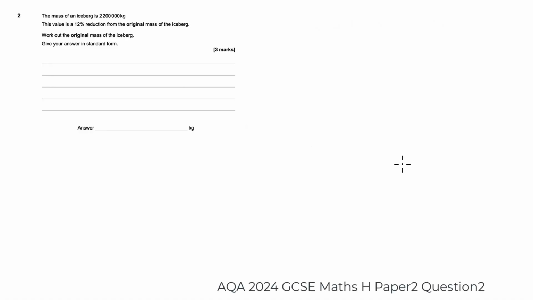So here's question 2. And we're told that the mass of an iceberg is 2,200,000 kilograms. And we're told that this is a 12% reduction from the original mass. Iceberg melts over time. They're wanting us to work out the original mass of that iceberg. So a 12% reduction, let's say that the original mass, that'll be 100% of the iceberg.